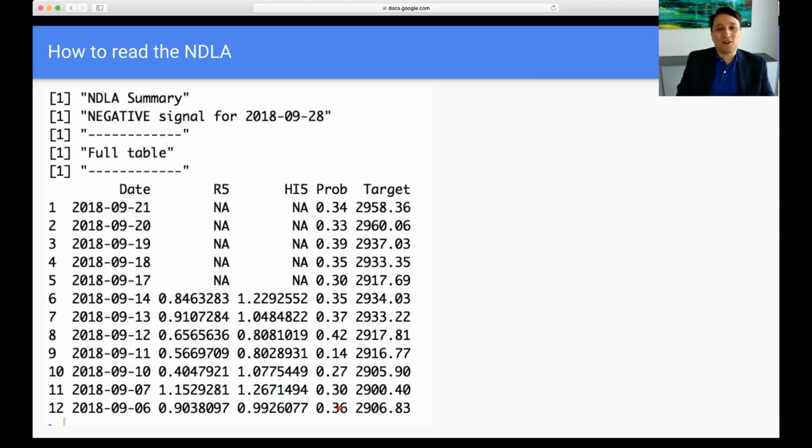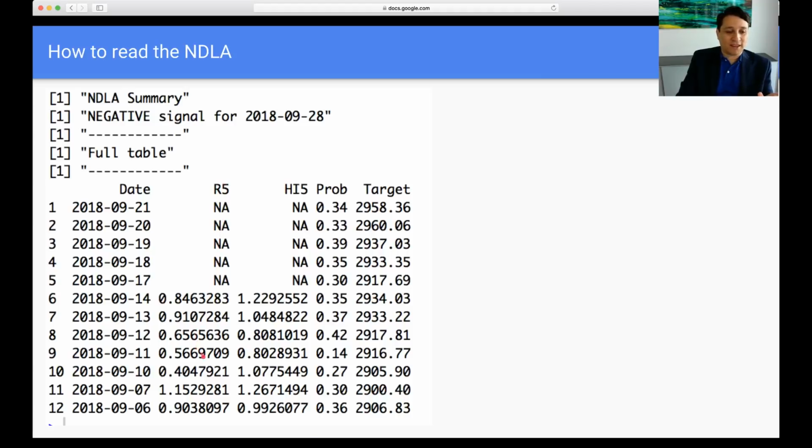So anything lower than 0.5, or lower than 50%, is a negative signal. So we have had negative signals for a long time. And if you notice, R5 is actually the 5-session return of the market. In other words, this is the weekly return of the market. This is what the market returned weekly.